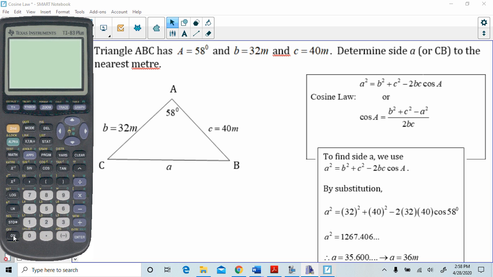Okay, so we'll just go and double check that. As we put that into our calculator, we're going to go 32 squared plus the 40 squared minus, I'm going to put everything in brackets now, 2 times 32 times 40 times cos of 58.